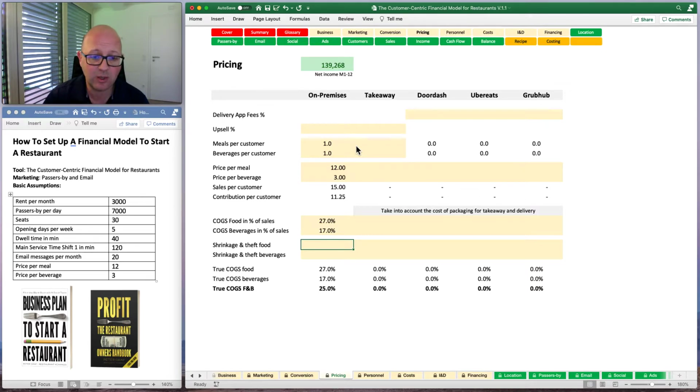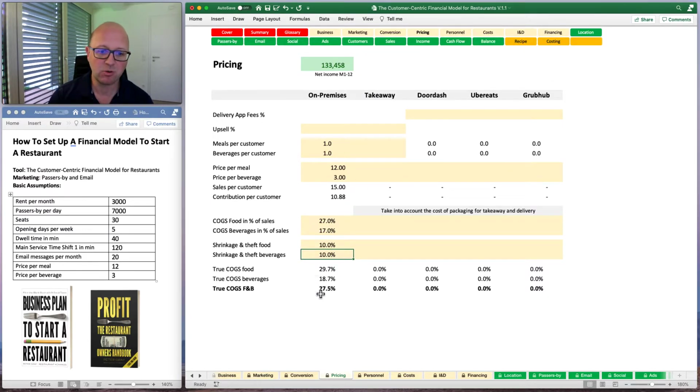You should calculate shrinkage and theft into your budget. At least I would suggest that you calculate 10% shrinkage and theft, because some food will just diminish, some will be stolen, and so on. So 10 to 20% is a realistic number. We just start with 10% now.